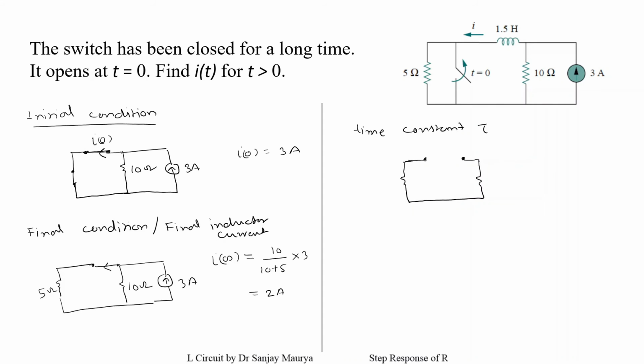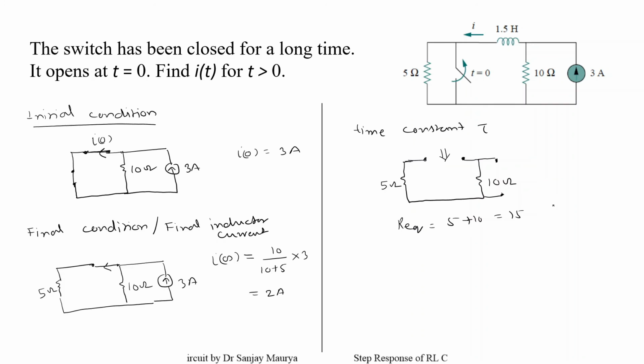All the sources are replaced by their internal resistance, so this will be an open circuit. I am looking at these two terminals, where the inductor was connected. This is 5 ohm and this is 10 ohm. So R equivalent will be simply 5 plus 10, that is 15.